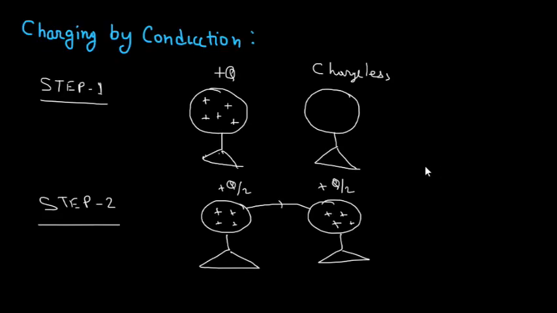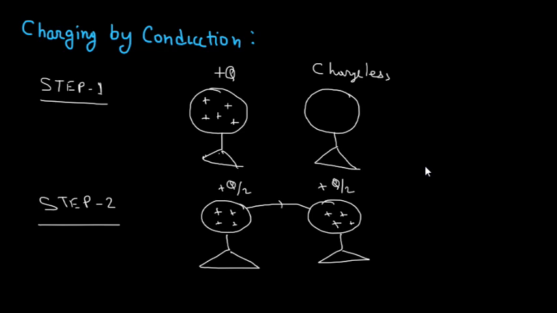Now we'll study charging by conduction. Let us take two spheres with an insulator base. One sphere has a plus q charge, positive charge, and the other sphere is chargeless. In the second step, we connect these two spheres with a conducting wire.